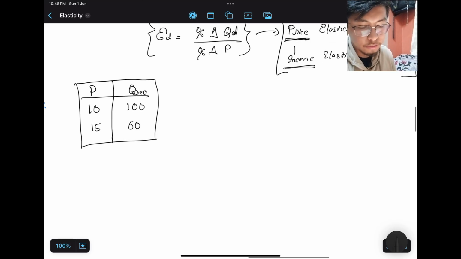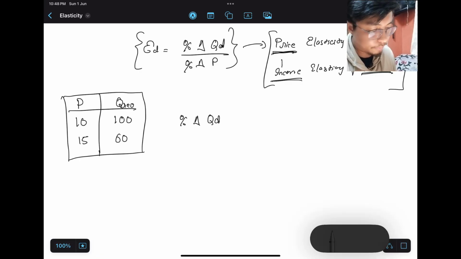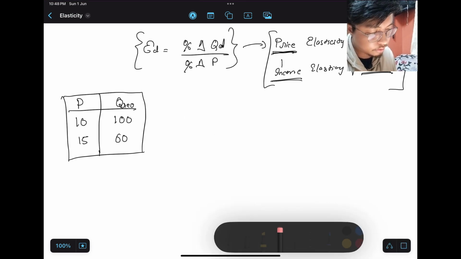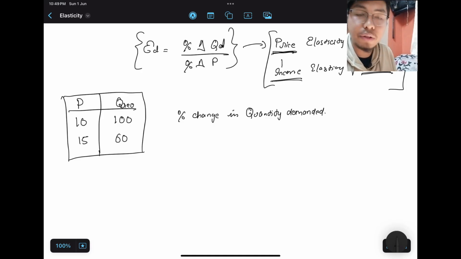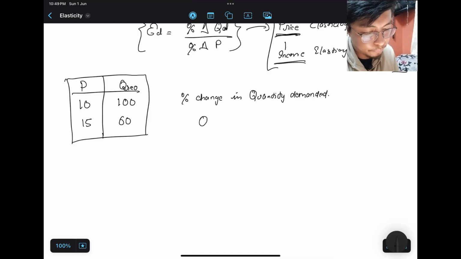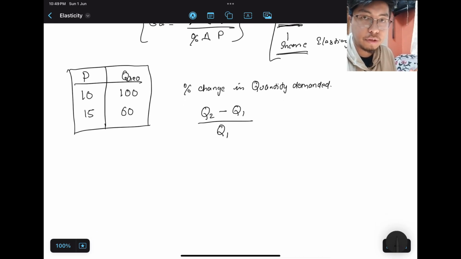Now look at this. Let's first calculate your percentage change in quantity demanded. This is the symbol of change. How do you do that? Q2 minus Q1 upon Q1, right? So what is Q2?